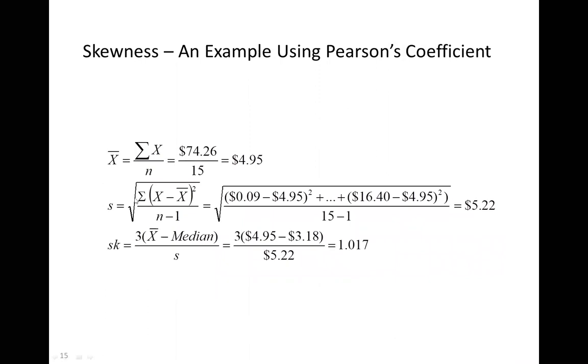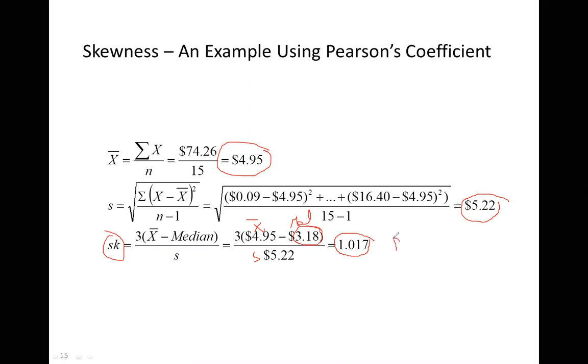So now we can find X bar, the sum of the values divided by their number, equal almost 4.95. Standard deviation equal 5.22. The median, sorting the values and finding the value in the middle, is almost 3.18. So now SK equal 3 times (X bar minus the median) divided by S, the standard deviation, equal almost 1.